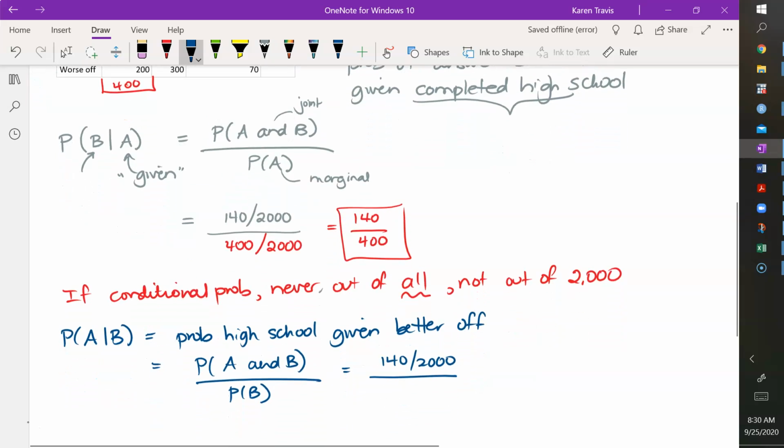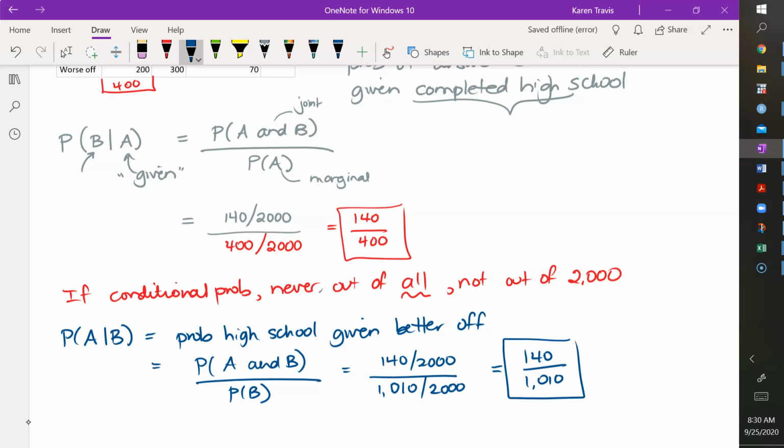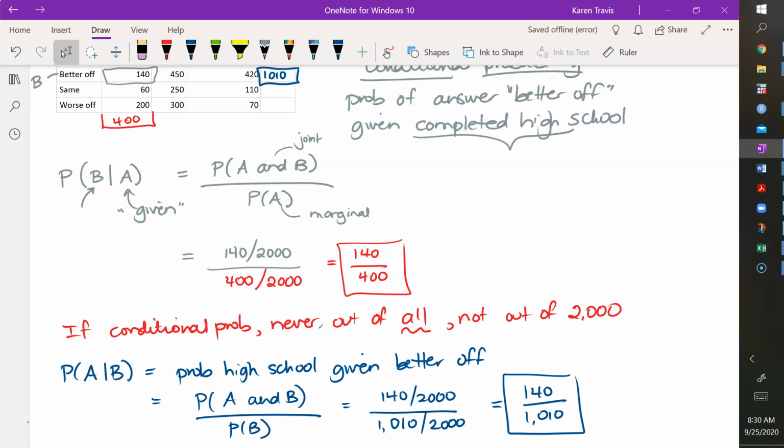So that means 1,010 out of 2,000 was our chance of B. So 140 out of 1,010 is the number that are better off given high school, but 140 out of 400 is the chance of high school given they're better off. These are not the same things.